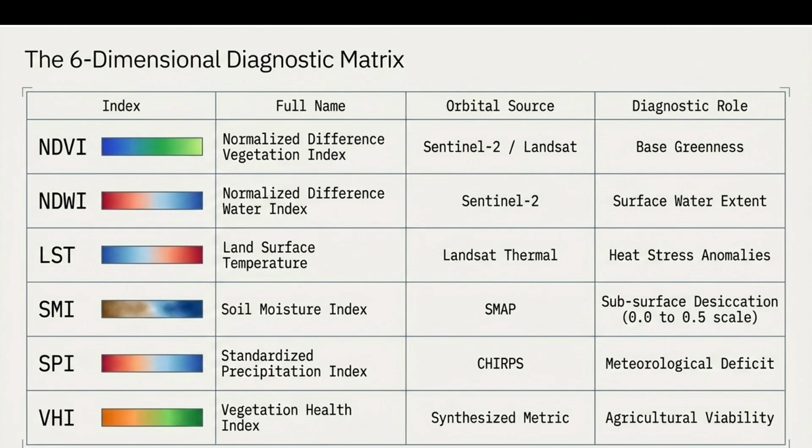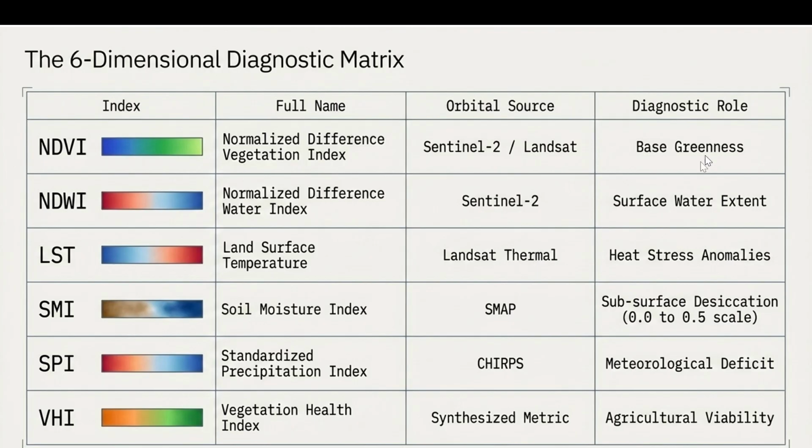You can see the indices we are using here, a 6-dimensional diagnostic matrix. We are using NDVI, the normalized difference vegetation index, from Sentinel-2 and Landsat, then NDWI, then LST, then soil moisture, the standard precipitation index, and also the VSI, mainly vegetation health index. With NDVI we can easily identify greenness, where there is high vegetation and where there is low vegetation.